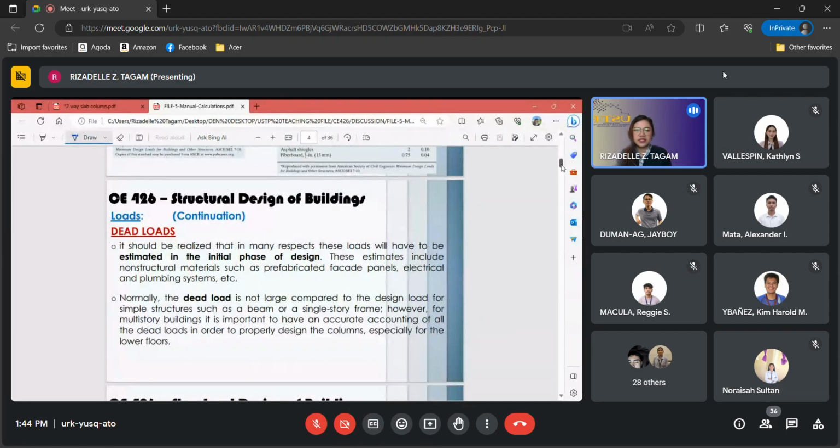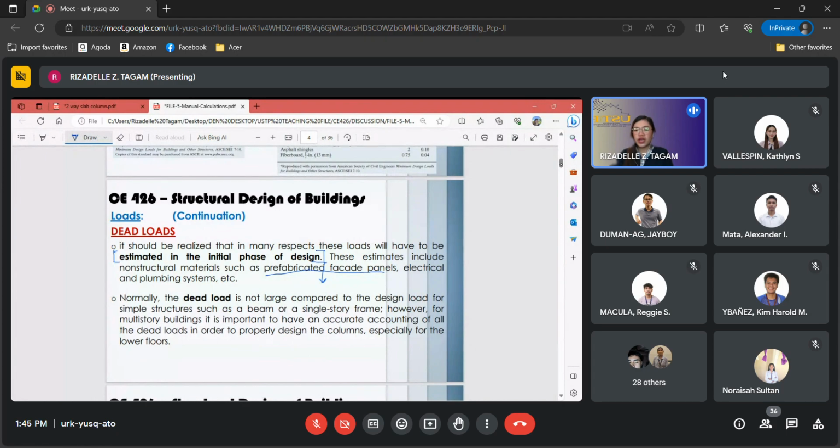It should be realized that in many respects, these loads will have to be estimated in the initial phase of design. Estimated in the initial phase, in the sense that you already know which dead loads apply. This estimate includes non-structural materials such as prefabricated facade panels, the prefab walls, and electrical and plumbing systems.